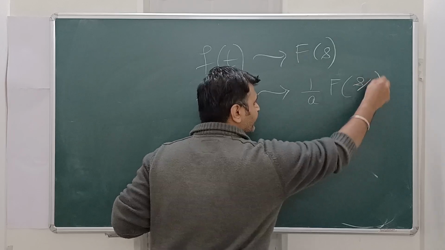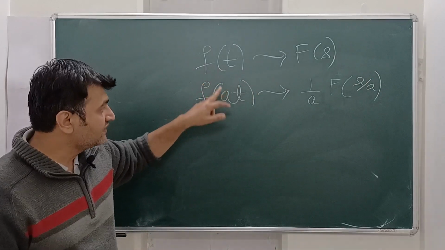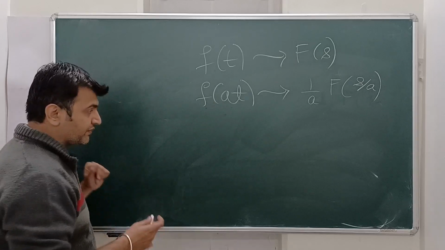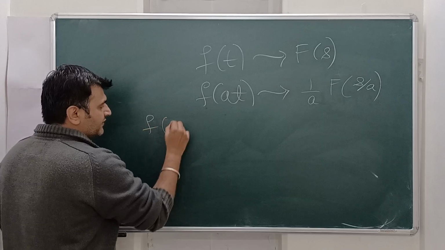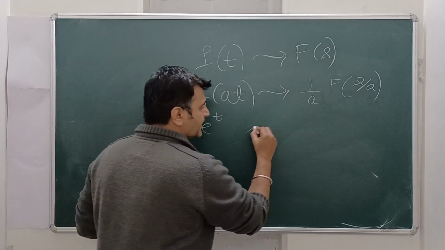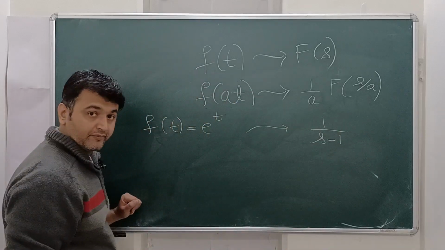So if you know the Laplace of a function f of t, then you can always tell what is Laplace of f of at. For example, suppose f of t is e raised to t, and suppose you do the integration and the answer comes out to be 1 upon s minus 1.